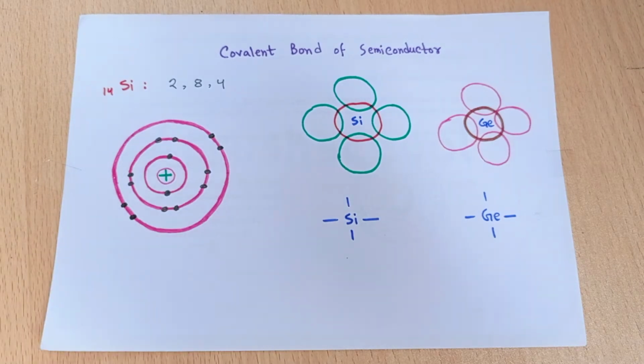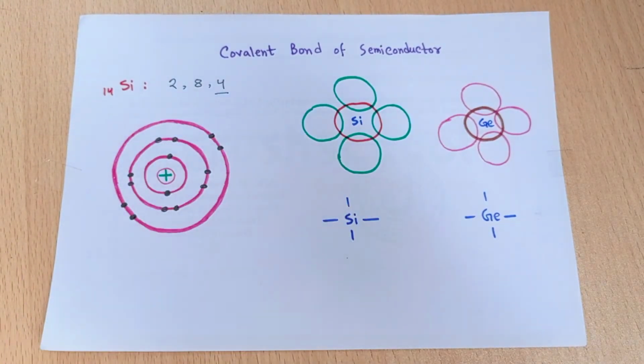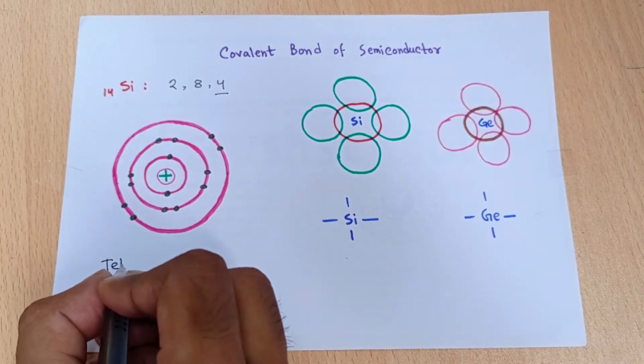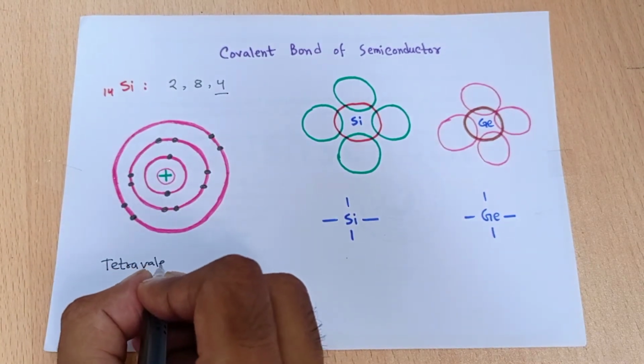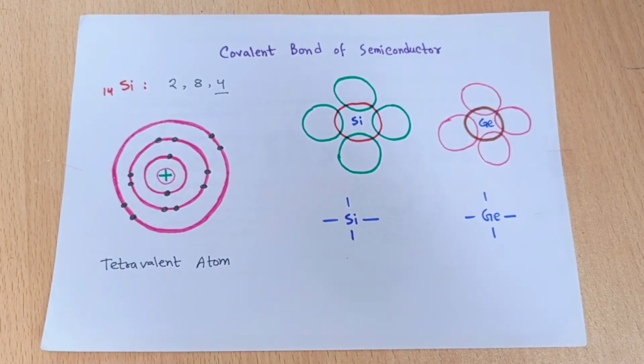So here comes the idea of valence electrons, because it is tetravalent, as it has 4 electrons in the outermost shell of the atom. So silicon is our tetravalent atom, and this tetravalent atom contains 4 electrons at its outermost shell.